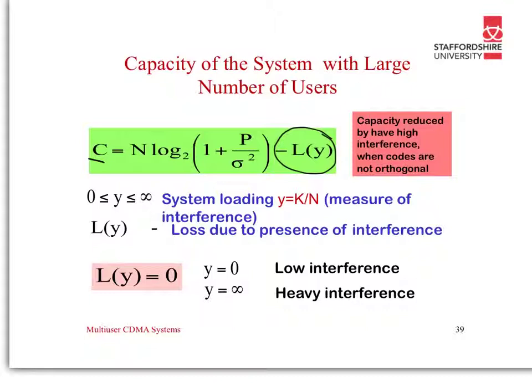When interference is large, then we have heavy interference, and capacity is reduced by that amount. The symbol loading, or Y equals K divided by N, is a measure of the interference, so the number of users over the gain, and L of Y is the loss due to the presence of interference.